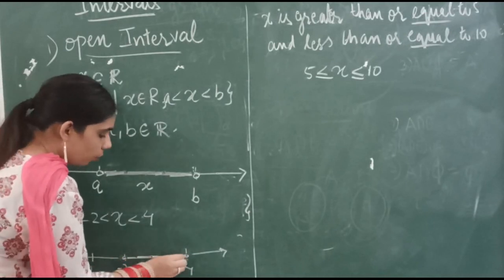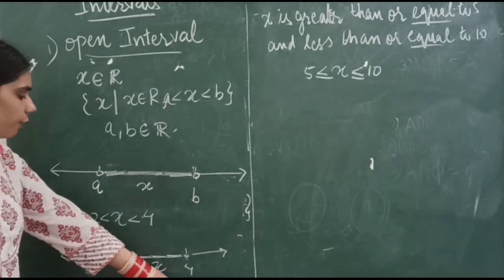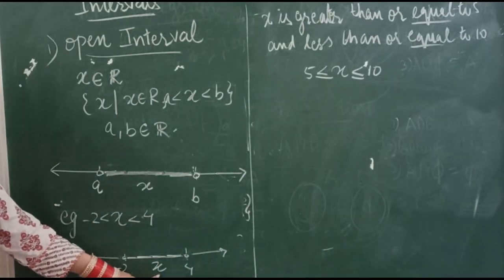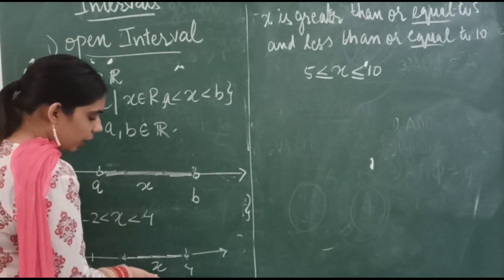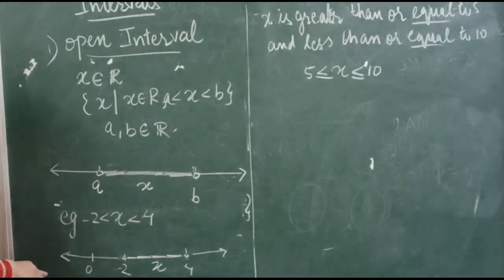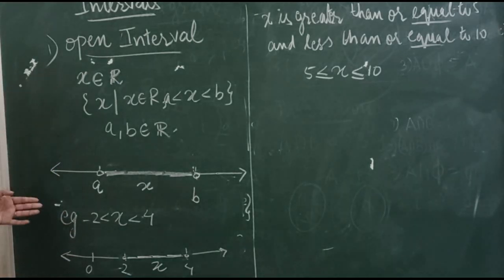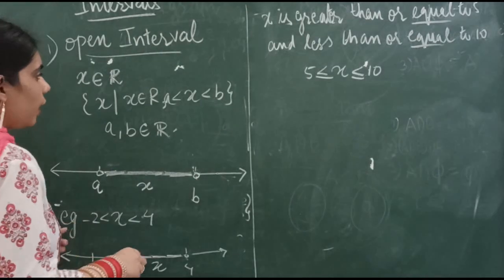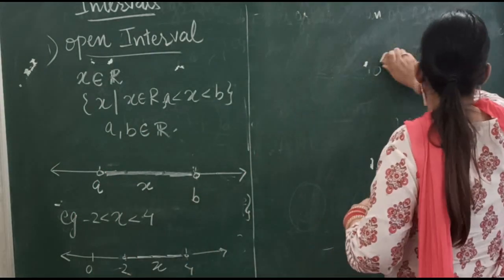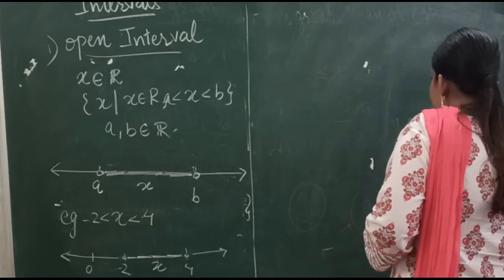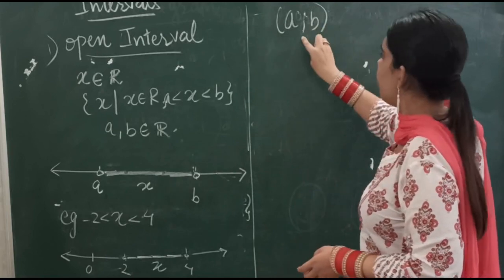Make this line bold and write x here, which means that 2 and 4 are not equal to x, but any of the numbers between 2 and 4 can be x. And when we represent it in the form of a set, we will always write an open bracket with two elements and a comma.